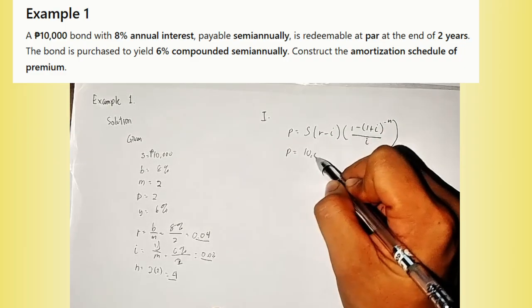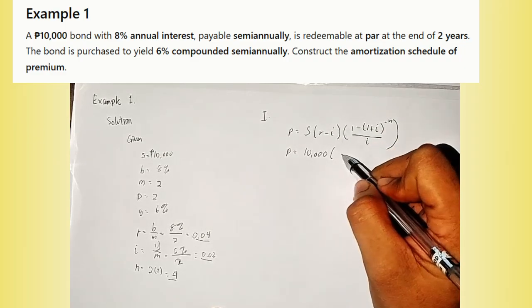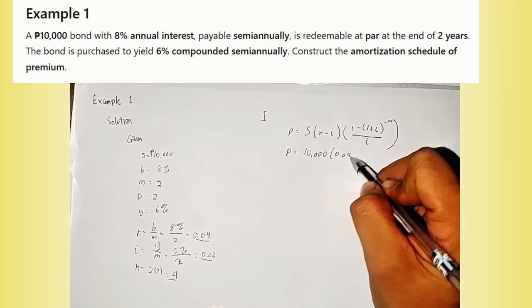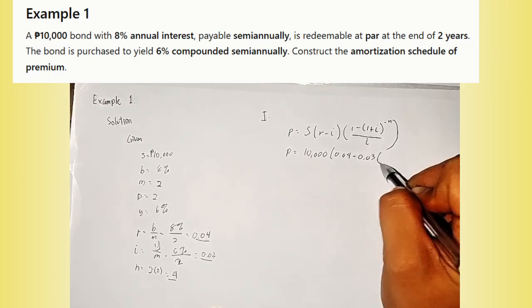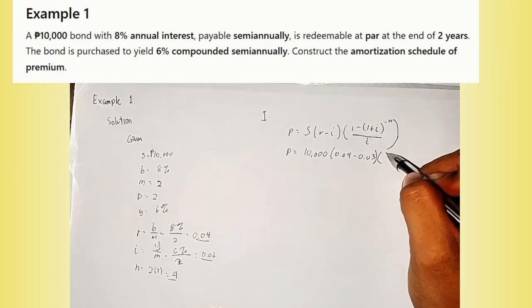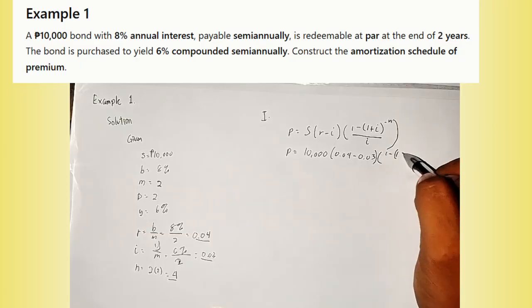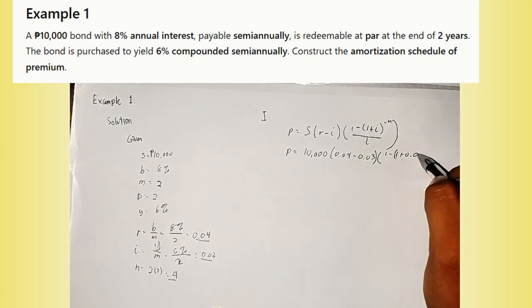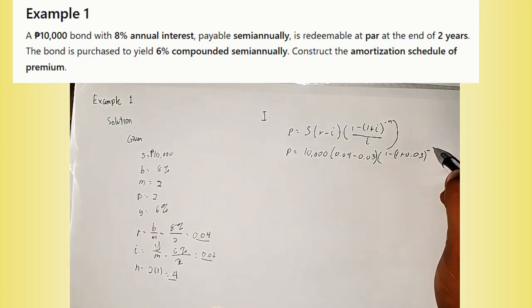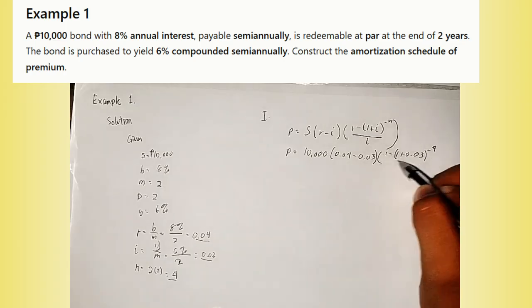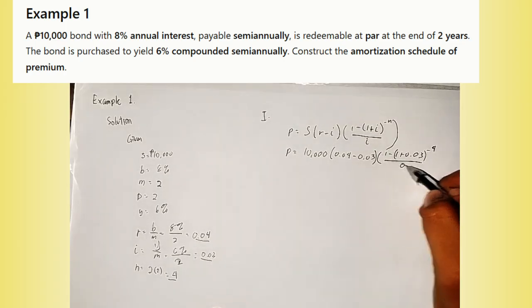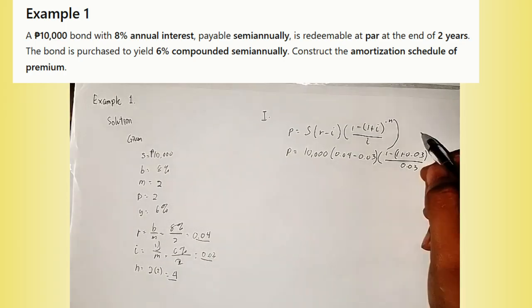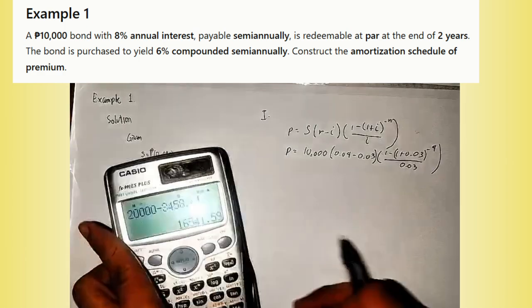S is 10,000 times R is 0.04 minus 0.03 times 1 minus 1 plus 0.03 to the power of negative 4 over 0.03. Now let's use our calculator.